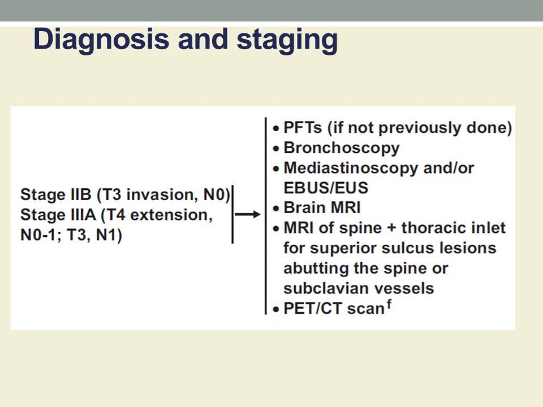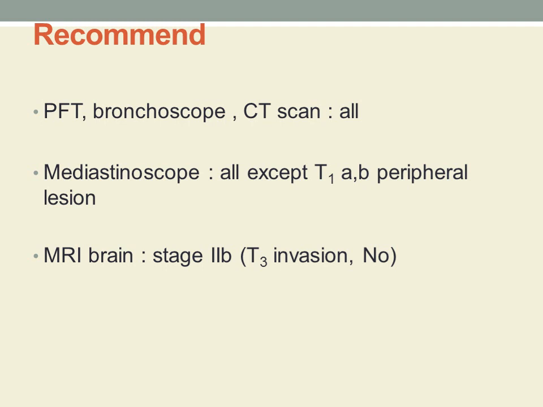Stage 3A, stage 3B: PFT, bronchoscopy, mediastinoscopy, brain MRI, MRI of spine, PET and CT scan. So PFT, bronchoscopy, CT scan in all patients, mediastinoscopy in all except T1, and MRI brain in stage 2B, T3 invasion.